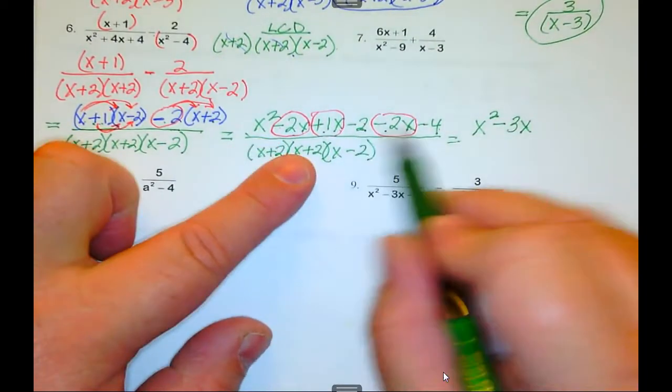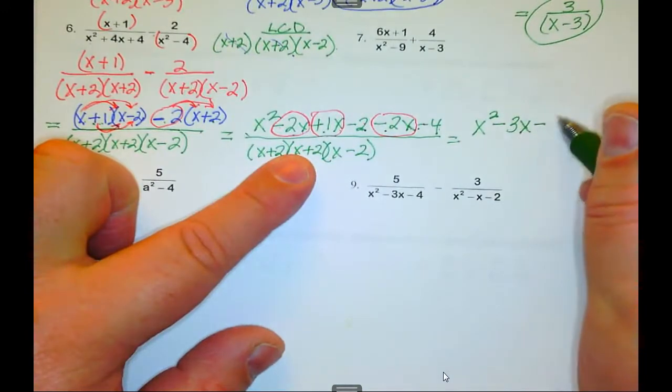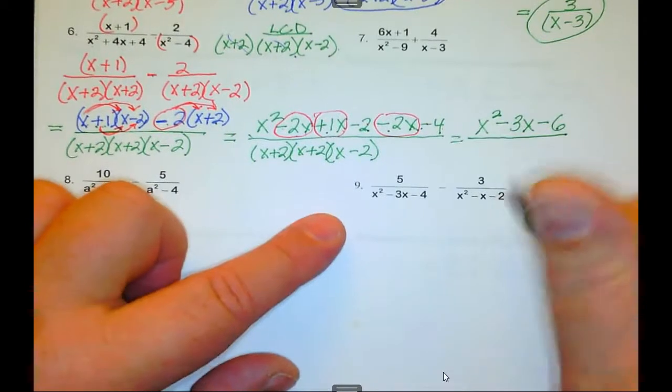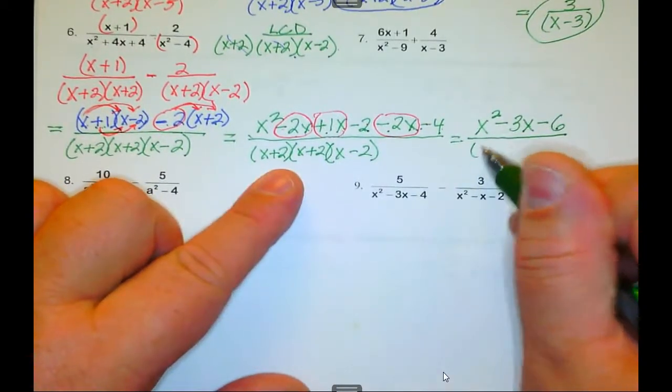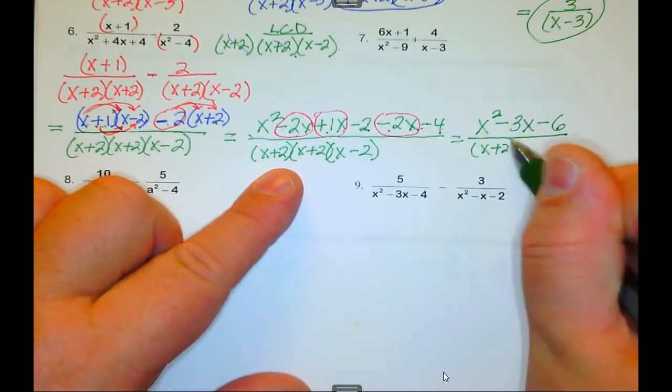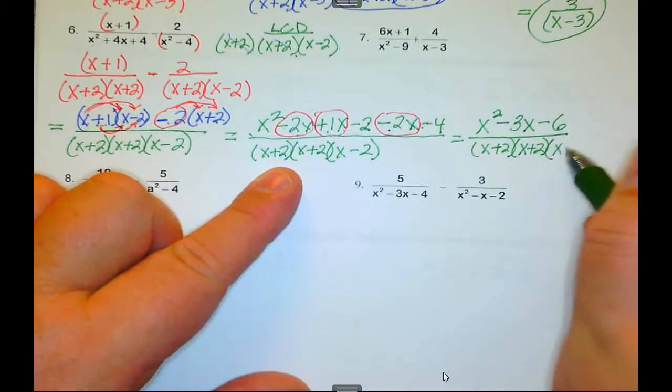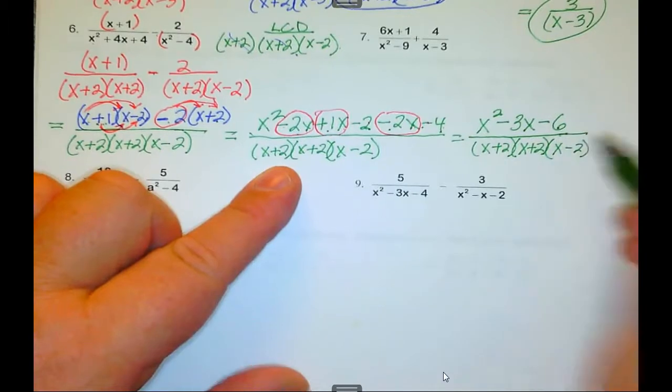And then minus 2 minus 4 is minus 6, all over x plus 2, x plus 2, x minus 2.